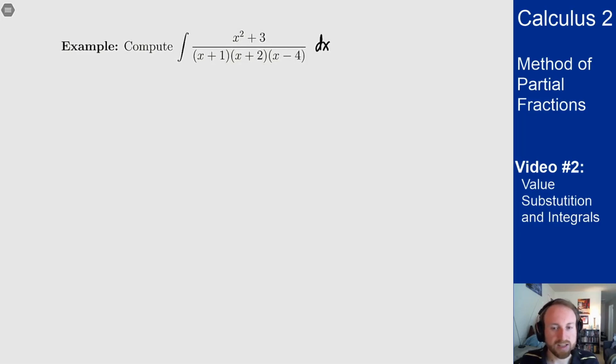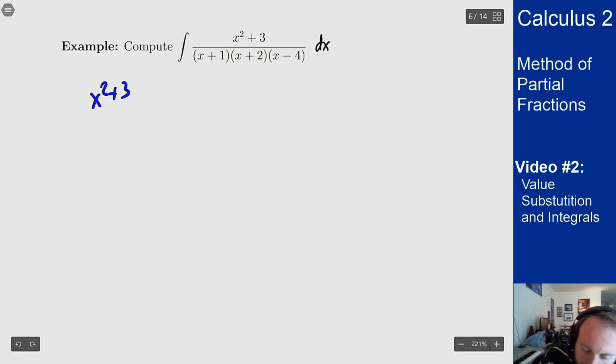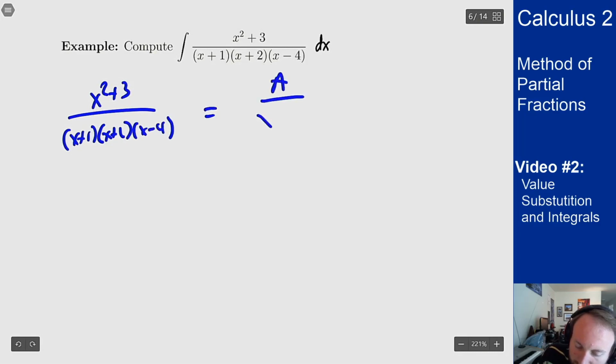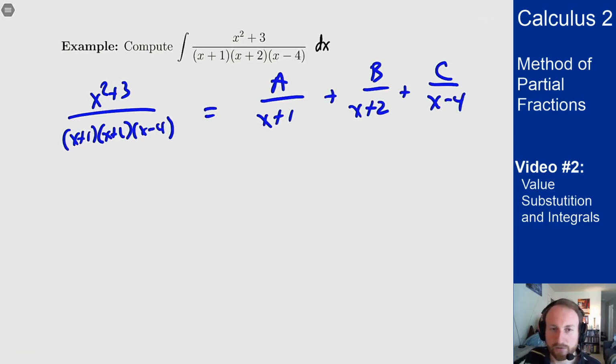So partial fraction decomposition, because we have a quadratic on top, which is less than the cubic on the bottom, tells me that I'll be able to write x squared plus 3 over x plus 1, x plus 2, x minus 4 as a over x plus 1 plus b over x plus 2 plus c over x minus 4. And now I want to solve for a, b, and c.